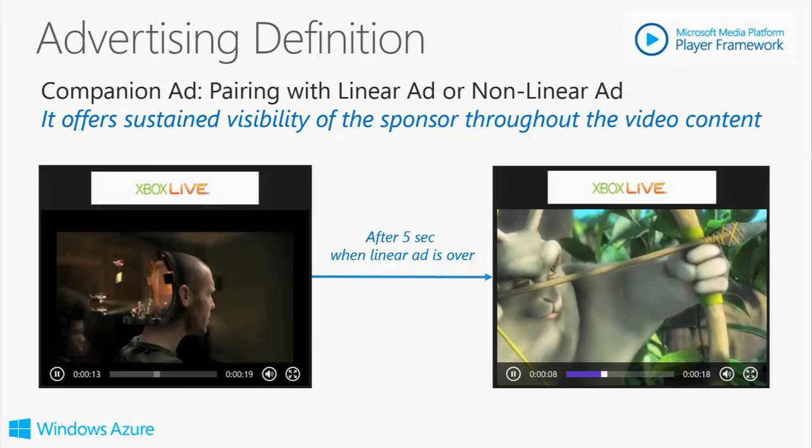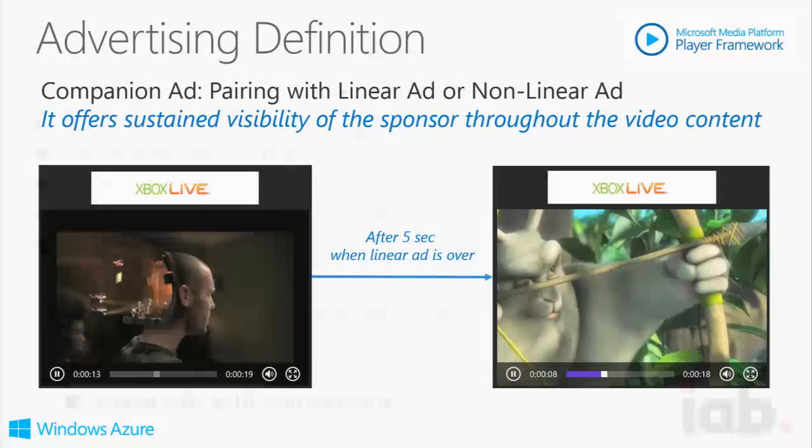And after 5 seconds, the Xbox ad finishes and the main content comes out. However, the Xbox companion still stays on top throughout the playback. So in case after a while you change your mind, you can still click the banner to watch the ad.